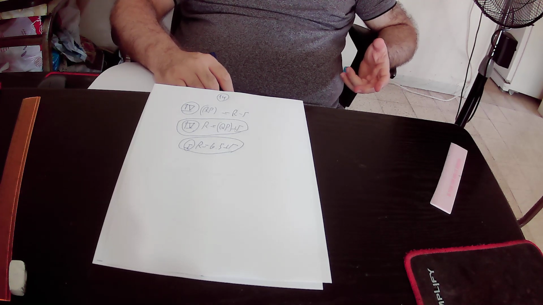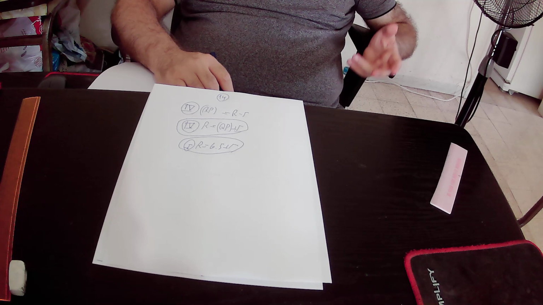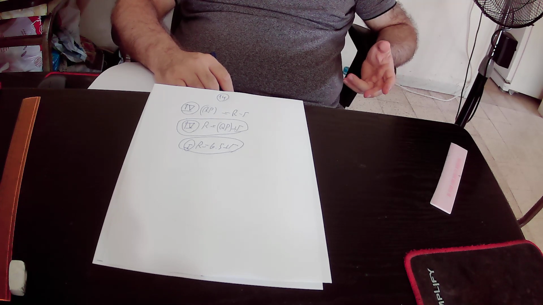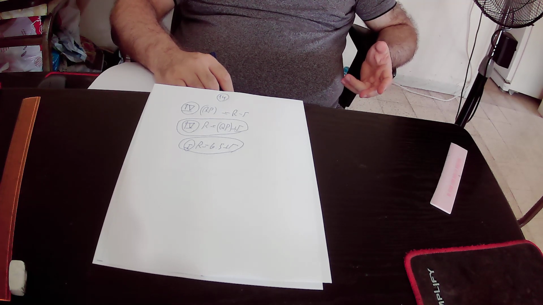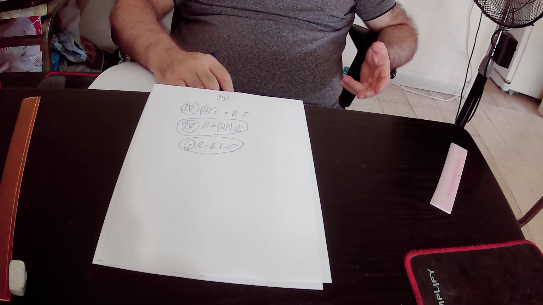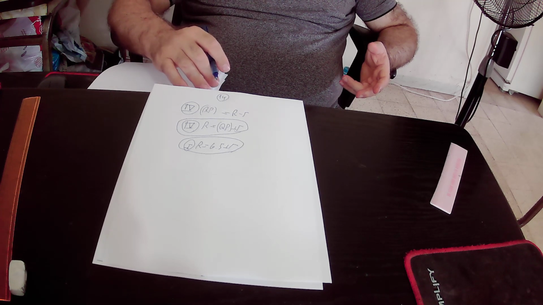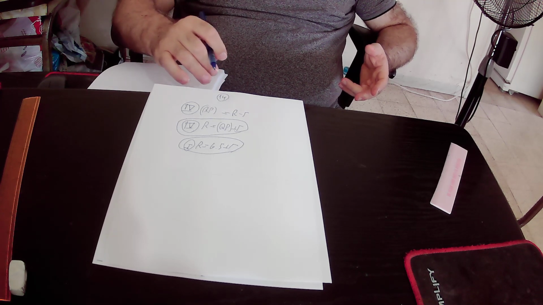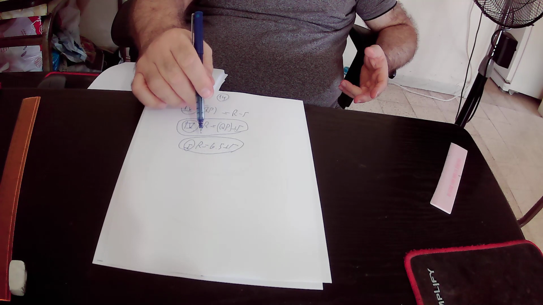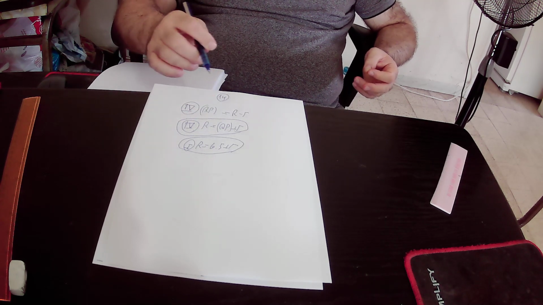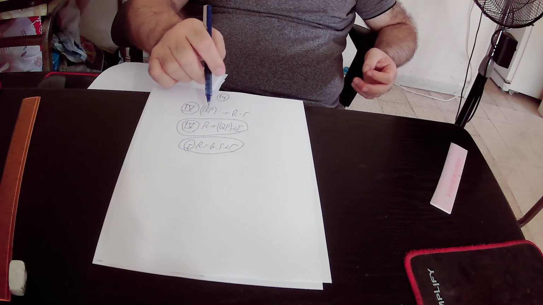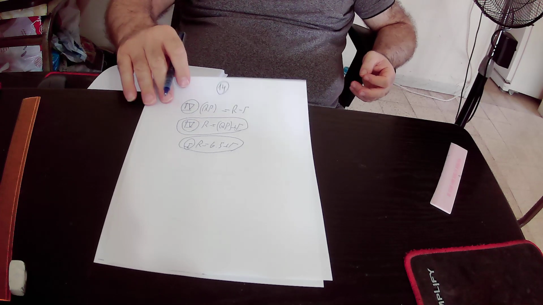So, of course, they are equal to each other because we are talking about the same radius. So we can create equation number 5, that states that the radius of the big circle, according to equation number 1, equals the radius of the big circle according to equation number 4.